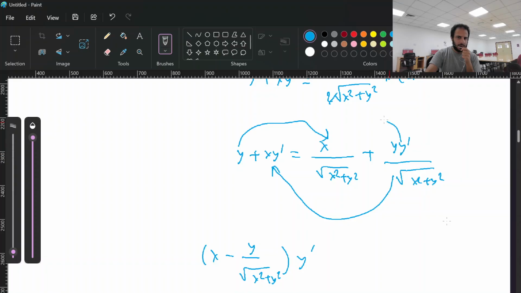When you move it to the left side, this part becomes minus, right? So here we have minus y over square root of x squared plus y squared. And here x is positive, so here we have x, but I take the common factor. Now this equals what? Move y to the other side, it becomes minus y, but we still have x over square root of x squared plus y squared.